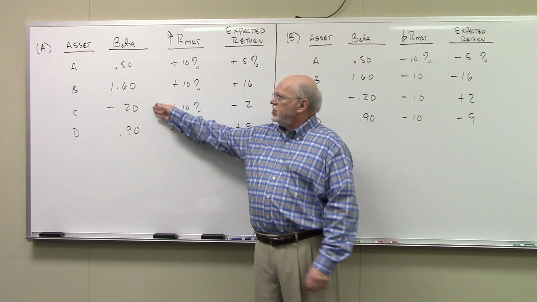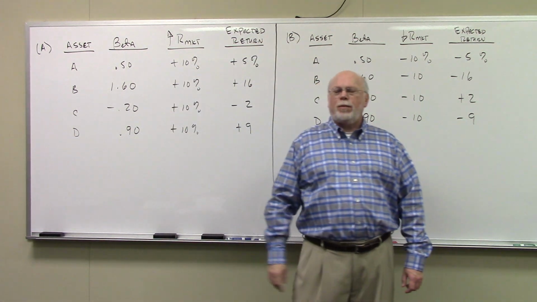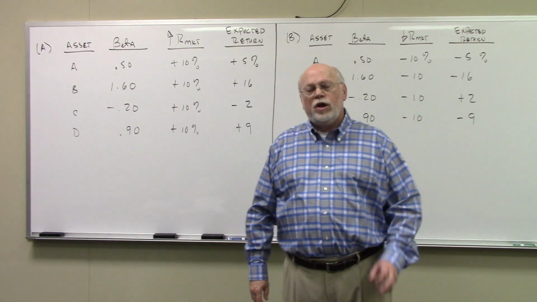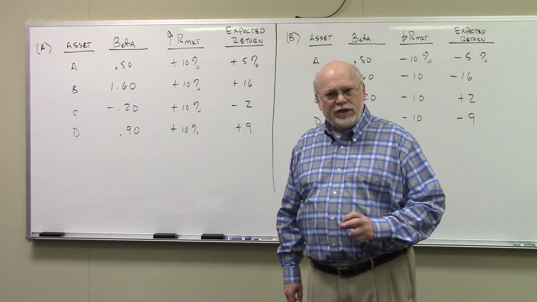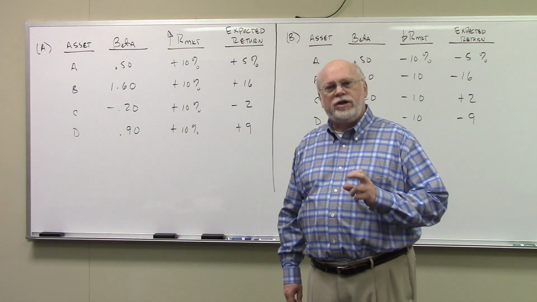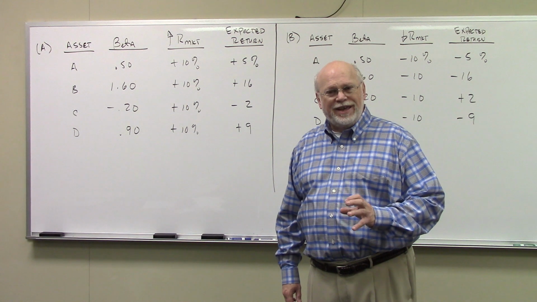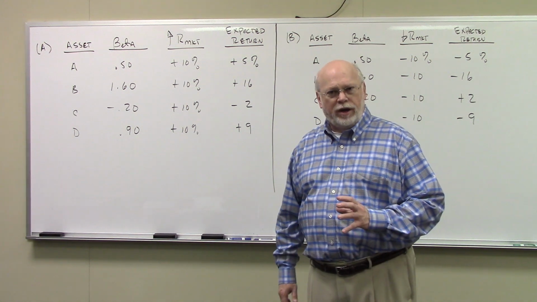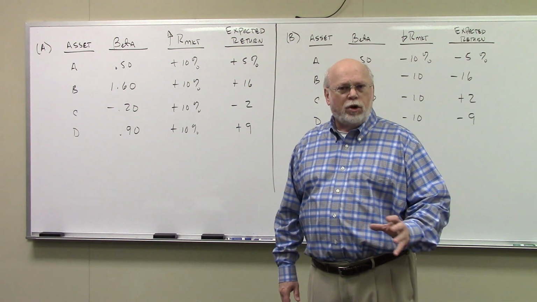By the way, stocks like A, C, and D, which have a beta less than 1, are the assets that are referred to as defensive stocks. What you're going to see in the B part is that what you're trying to defend against is a downturn in the market. So you would go to defensive stocks if you thought the market was going to go down.